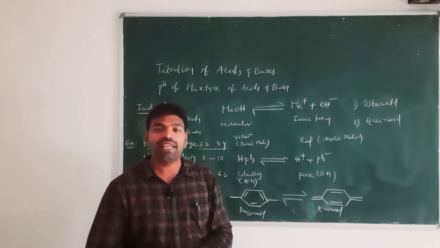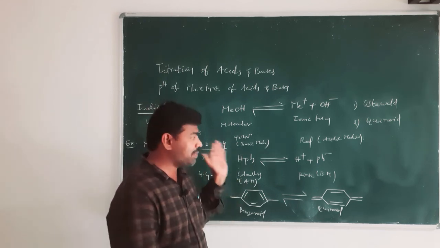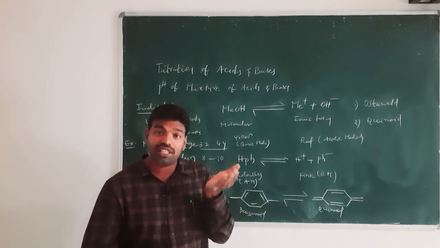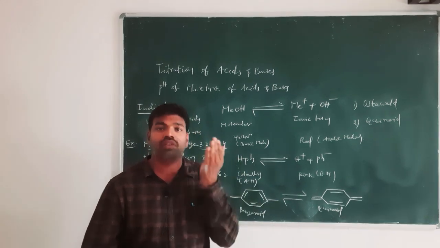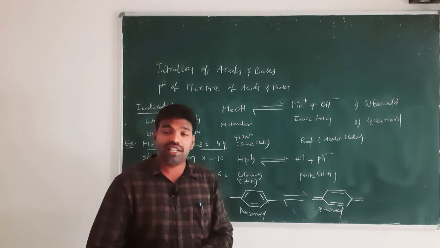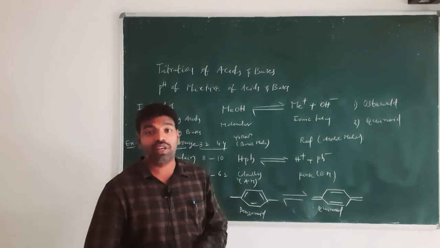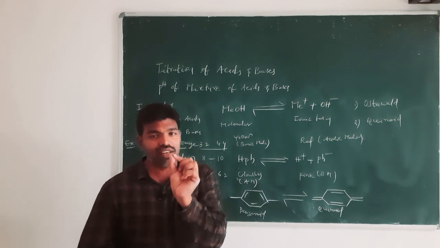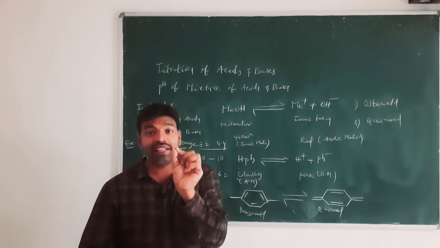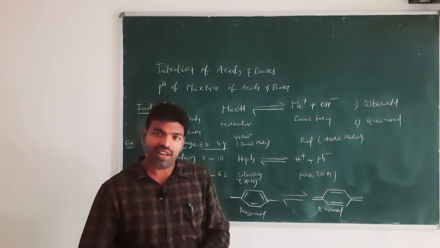So, the substance which undergoes color change is the indicator. So, indicator is very crucial in finding the end point of the titrations, right.